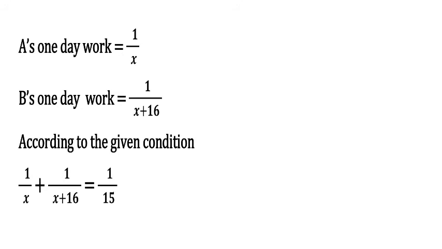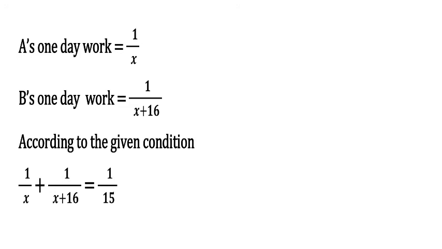1/x, that is the portion of the work completed by A in one day, plus. Why are we making it plus? It is given that both the workers will work together. That's why we are making it plus. 1/(x plus 16) is the part of the work completed by B in one day.